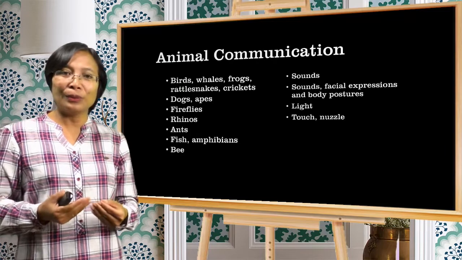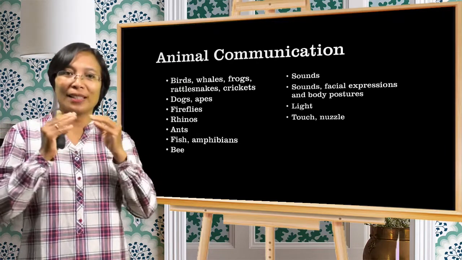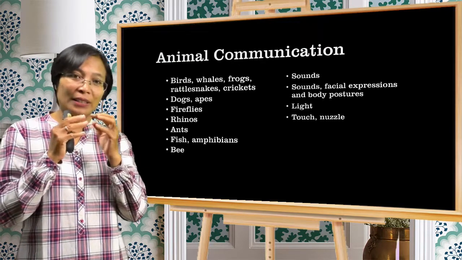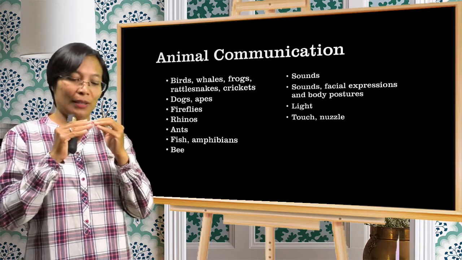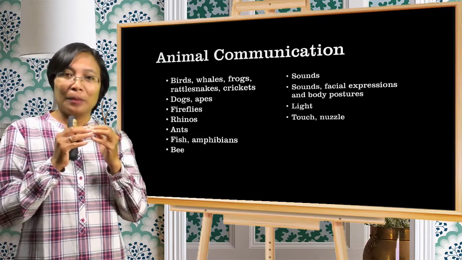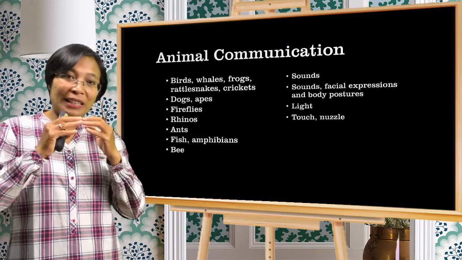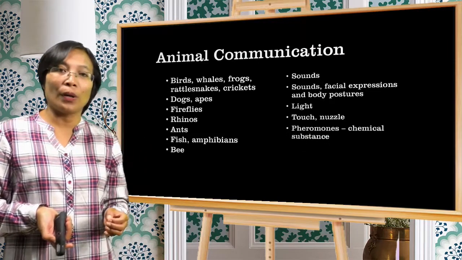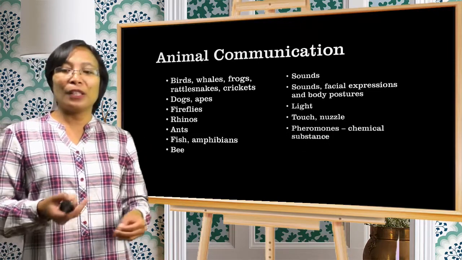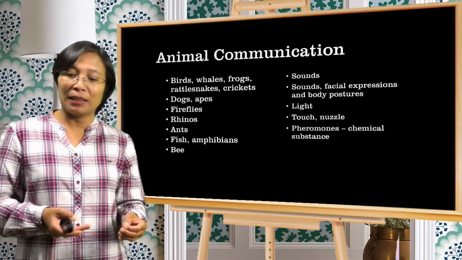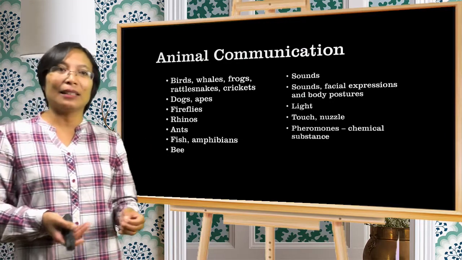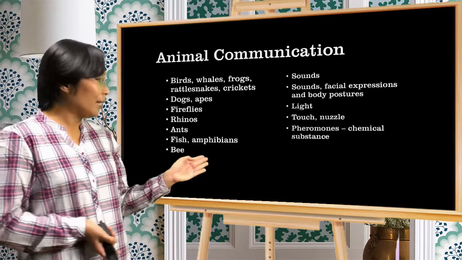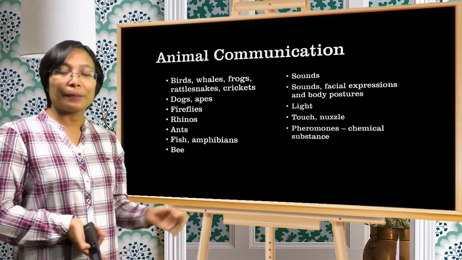Most of us know that ants always touch the antenna when they meet each other. But when they touch the antenna, they share the pheromones, a special chemical substance that they use to communicate. Now, what about fish and amphibians?